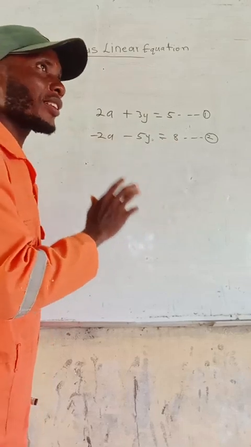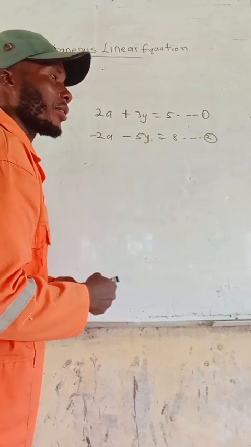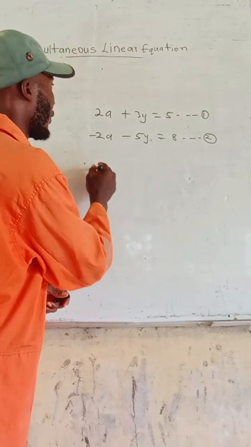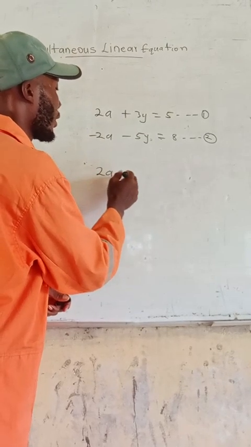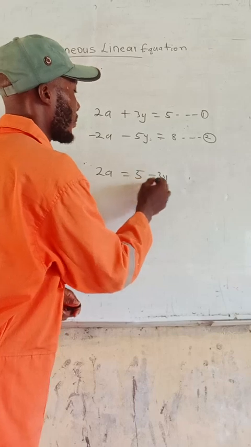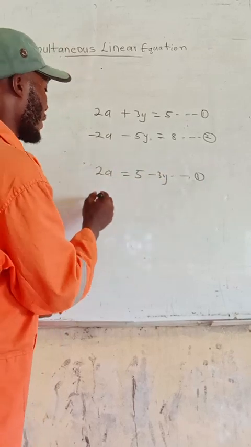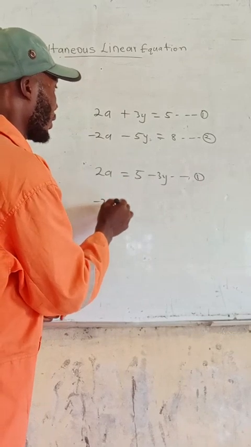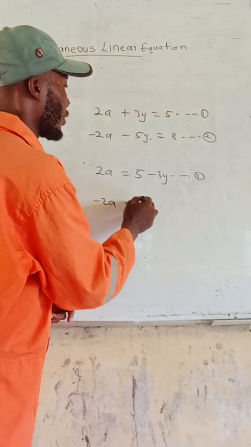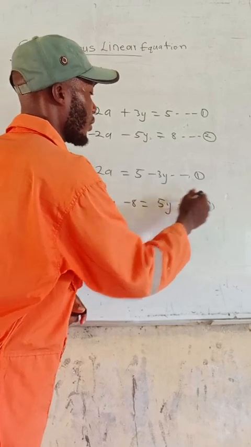So, what I'm saying is that if you see an expression in a form like this, for instance, if I have 2a is equal to 5 minus 3y as our equation 1, and I have minus 2a minus 8 is equal to 5y as our equation 2.